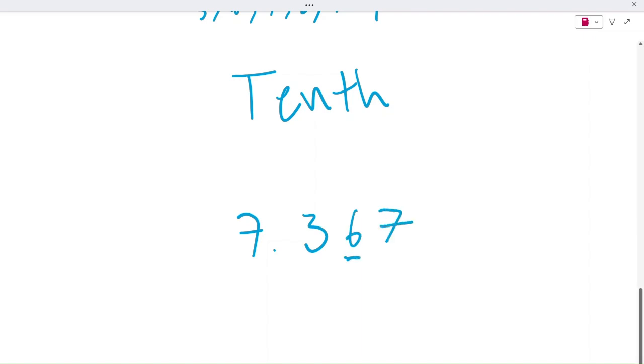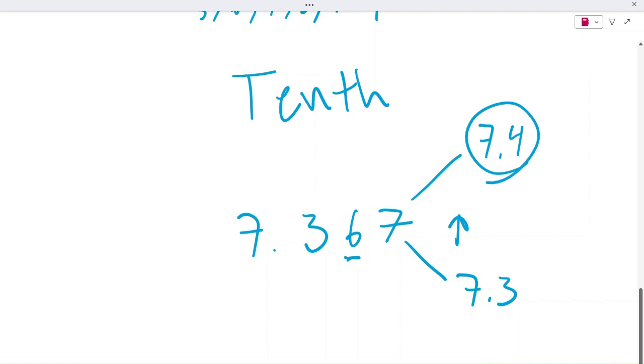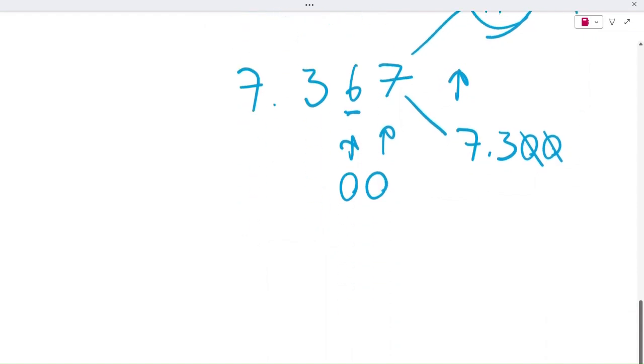Well, we look at the 6, so we know it could be 7.4 or 7.3. With 6, we know to round up, so we get 7.4. The 6 and the 7 just turn to zeros, so it could be like 7.400, but in this case, we can just ignore the zeros because it doesn't really affect the number at all.